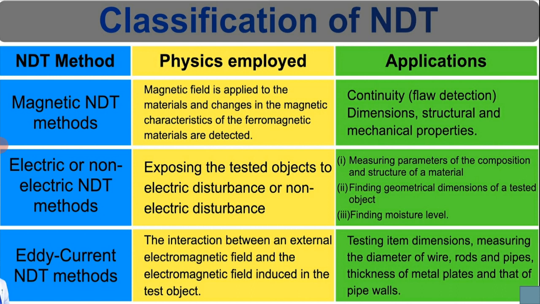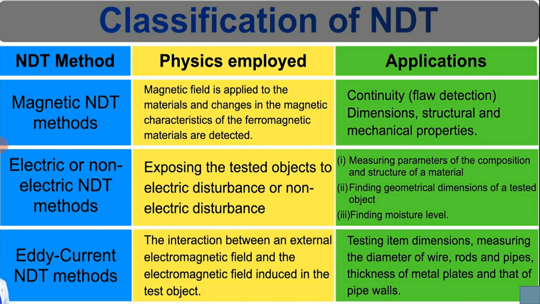Next method, electric or non-electric non-destructive method. Exposing the tested object to electric disturbance or non-electric disturbance. Applications: first one is measuring parameters of the composition and structure of a material, finding geometrical dimensions of a tested object, and finding moisture level.